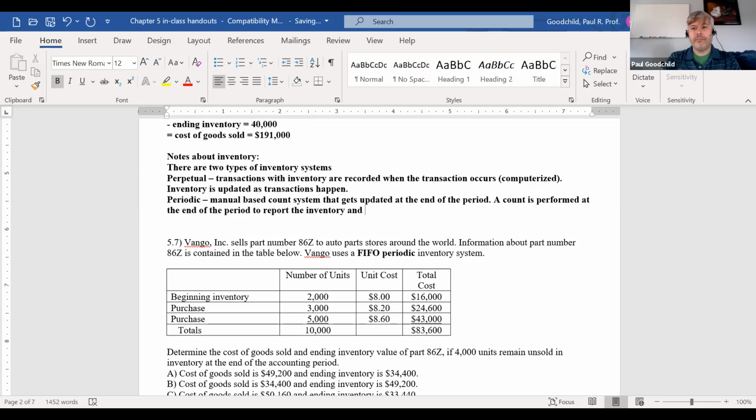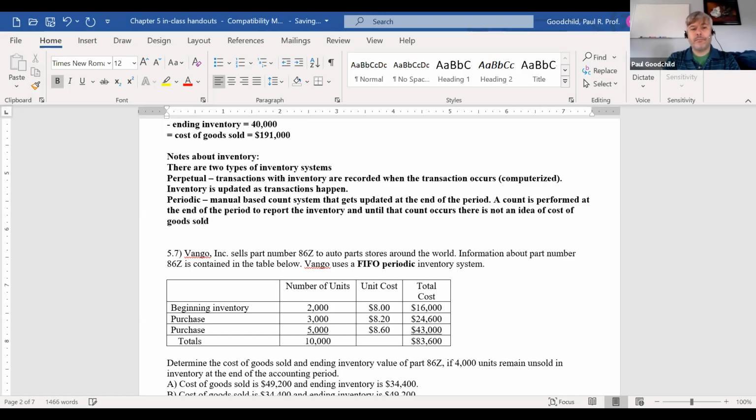And so until that count occurs, you don't have a true idea of how much inventory has been used. So essentially it's like what we did with supplies. It's also a little harder to keep track there of inventory and whether or not it gets stolen or damaged. Everything kind of gets dumped into cost of goods sold.